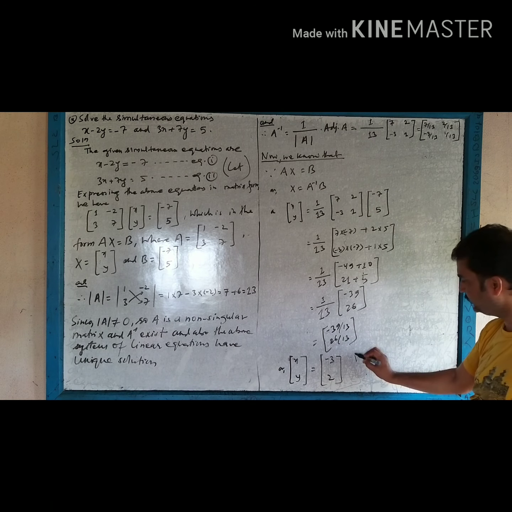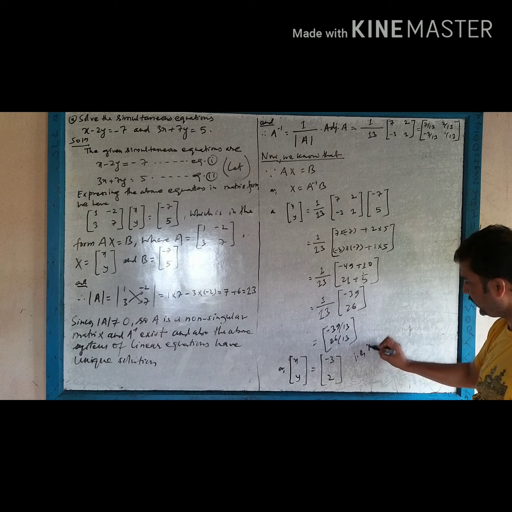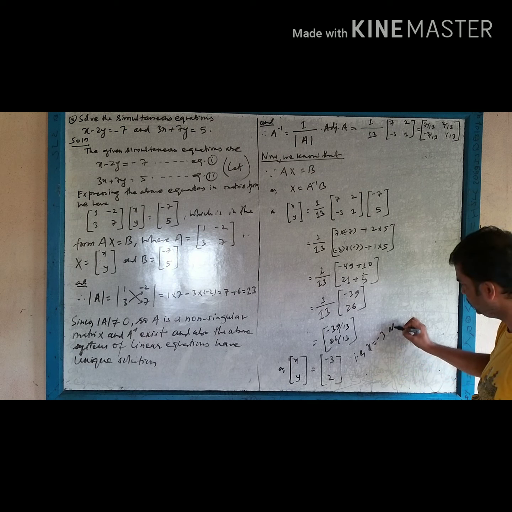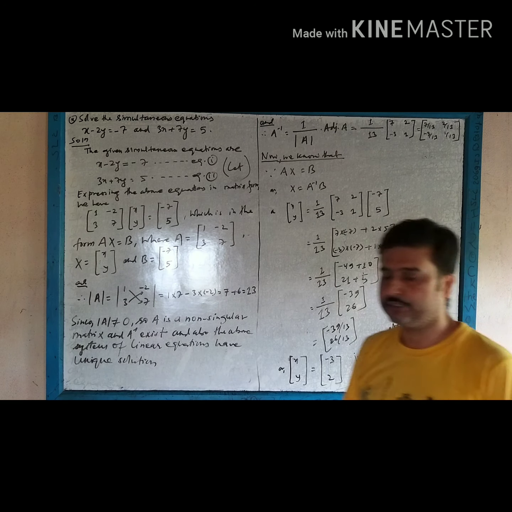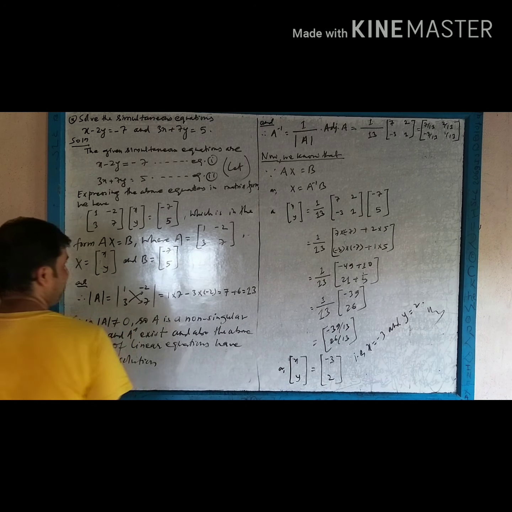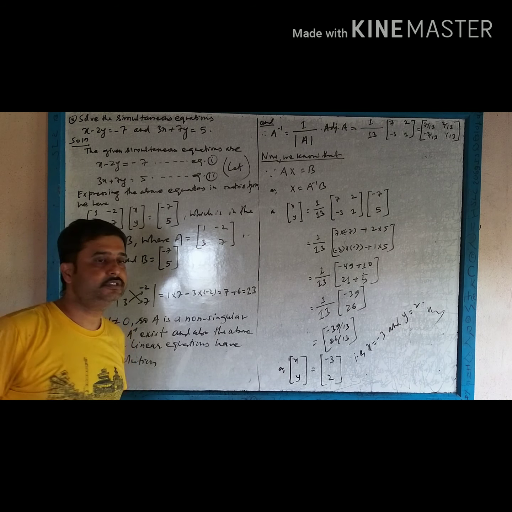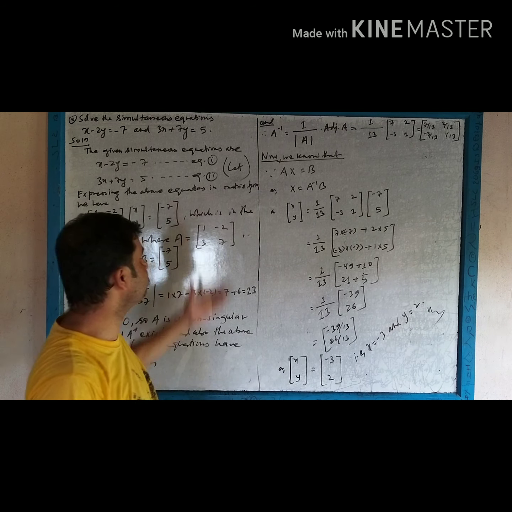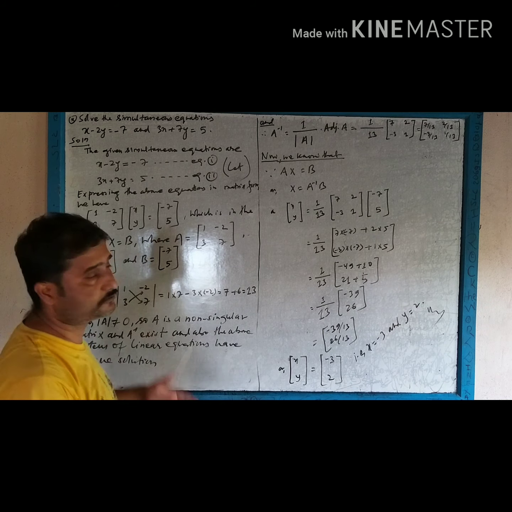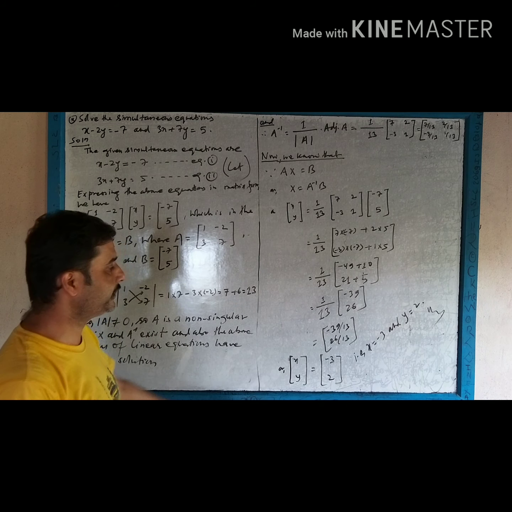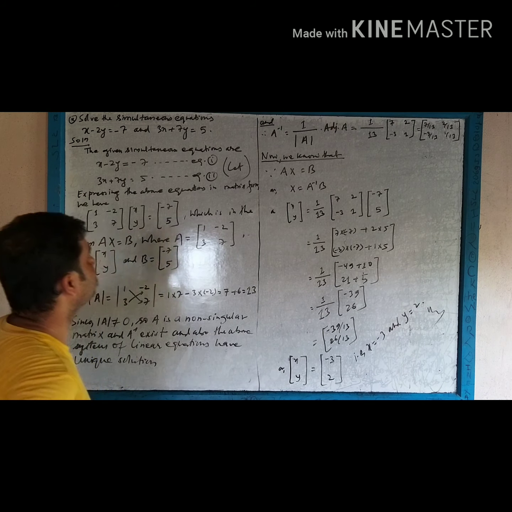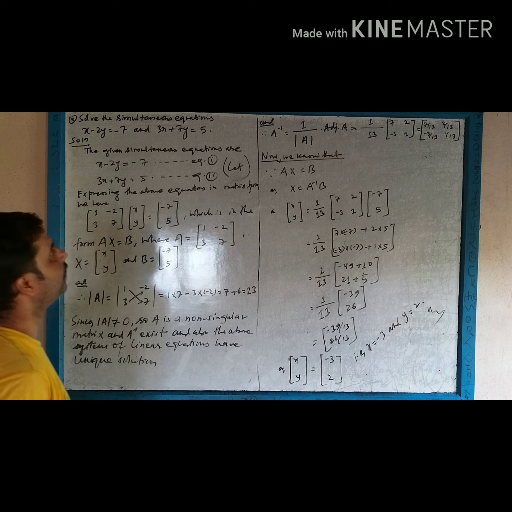That is, x equals minus 3 and y equals 2. This is your answer. So in this way we solve the simultaneous equations. This is the procedure. In this way you need to solve in the examination. If you solve in this way you get 4 marks. So this is the procedure of solving simultaneous equations by the matrix method. We are getting the values of the two unknown variables x and y.